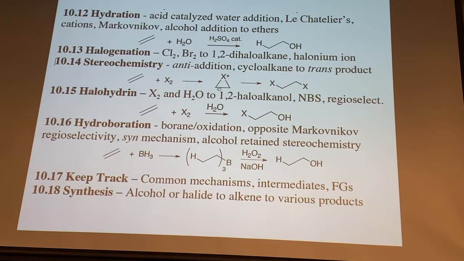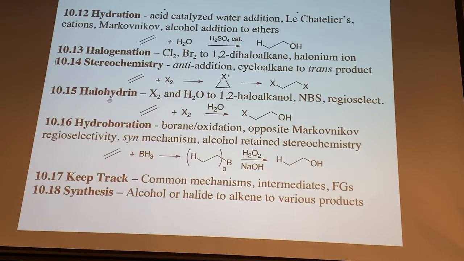This cationic thing is a bridged halonium ion, we call it. You could say it's a resonance structure of a carbocation and an alkyl halide. I'll show you that. That has some consequences for the stereochemistry. It's always an anti-addition. It always gives the trans product if it's on a cyclic alkene. Okay, so there'll be some stereochemical issues there with halogenation.